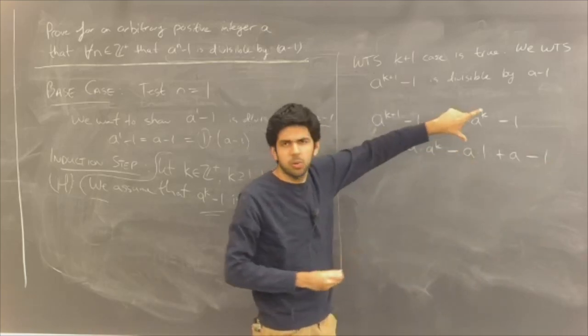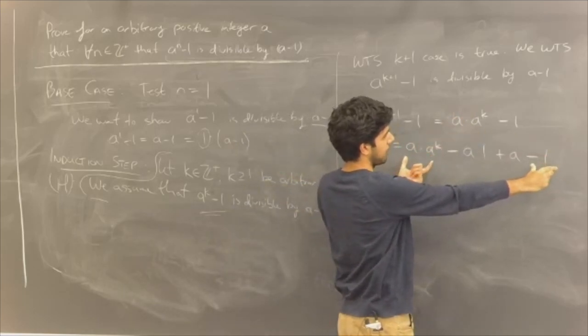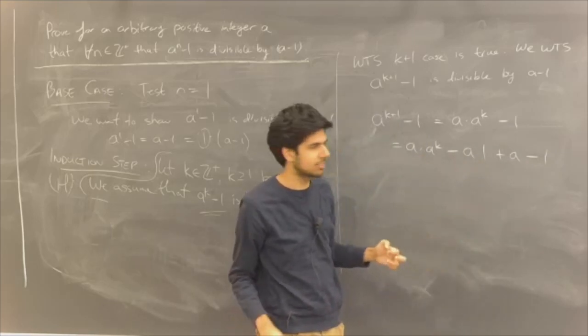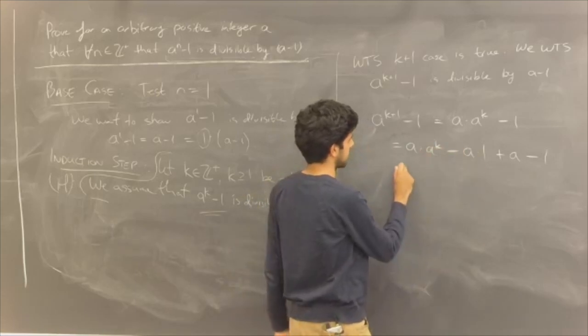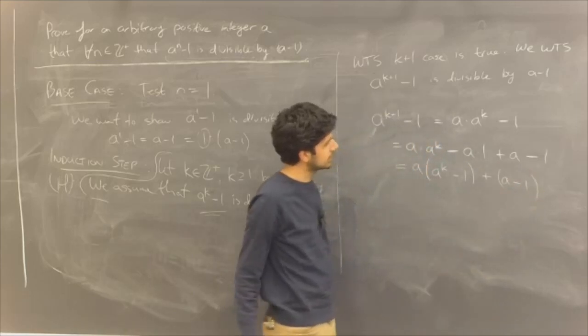Right? These two are now equivalent. All I've done is the same two terms have been pushed apart, and I've subtracted a and added a. So I've just added 0. Now I can factor out an a from these two terms and throw in some parentheses.